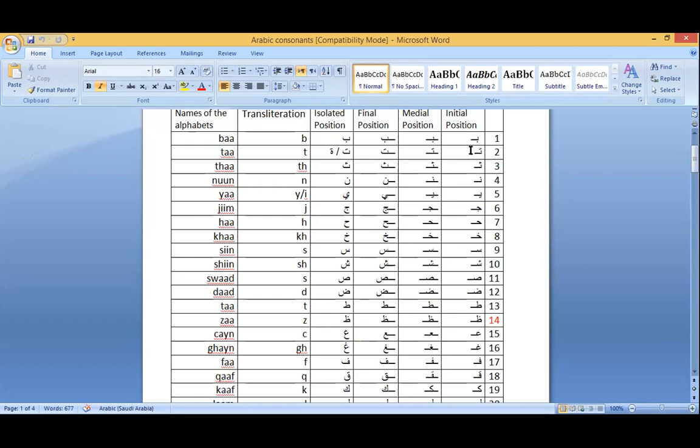This is ba, ta, sa, na, ya. If you look at group 1, do you see any letter that has changed its shape from isolated to initial? Is there any letter that has changed its shape? Yes. Which one, Adin?